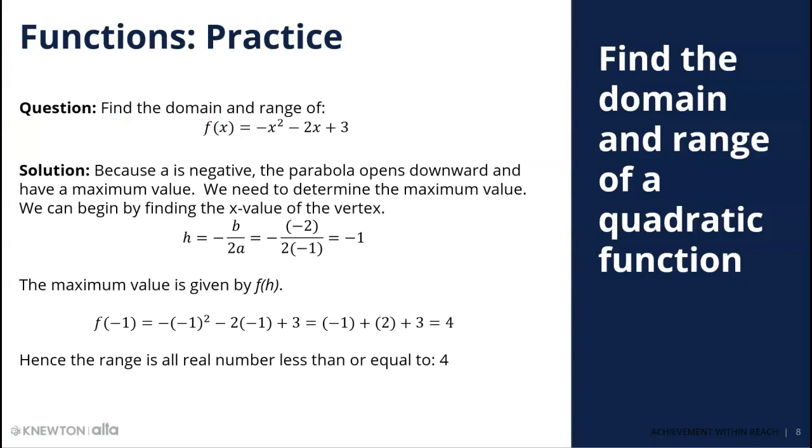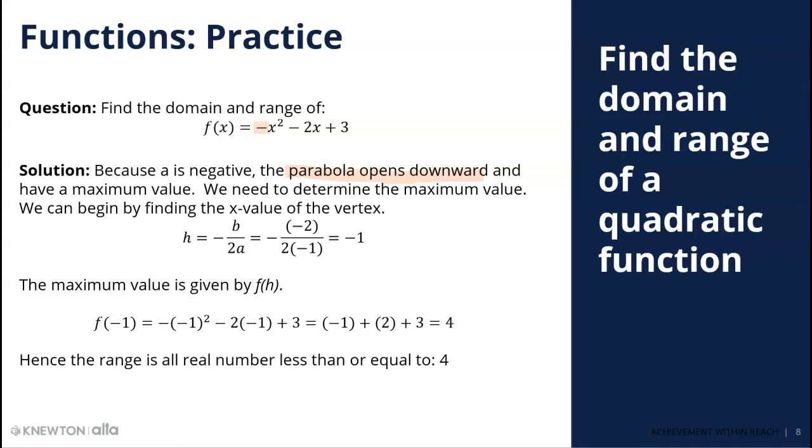Now because a is equal to negative 1 here, that means a is negative, so the graph of the quadratic function is a parabola that opens downward. That means that we have a maximum value, and our vertex is the highest point in the graph.